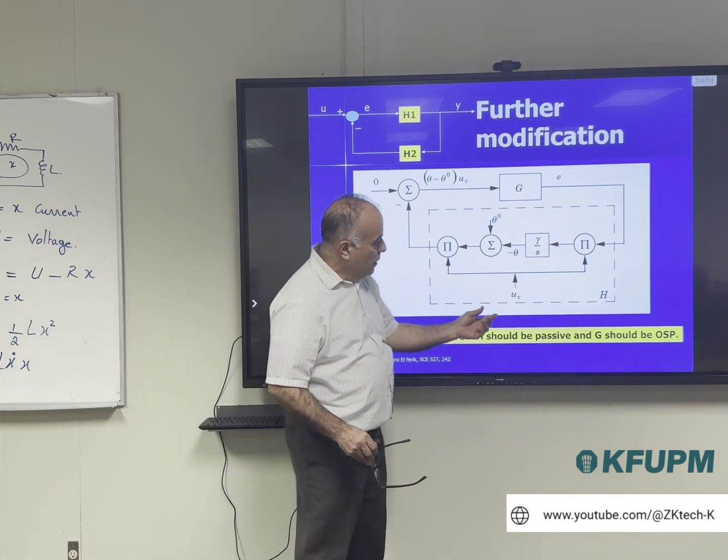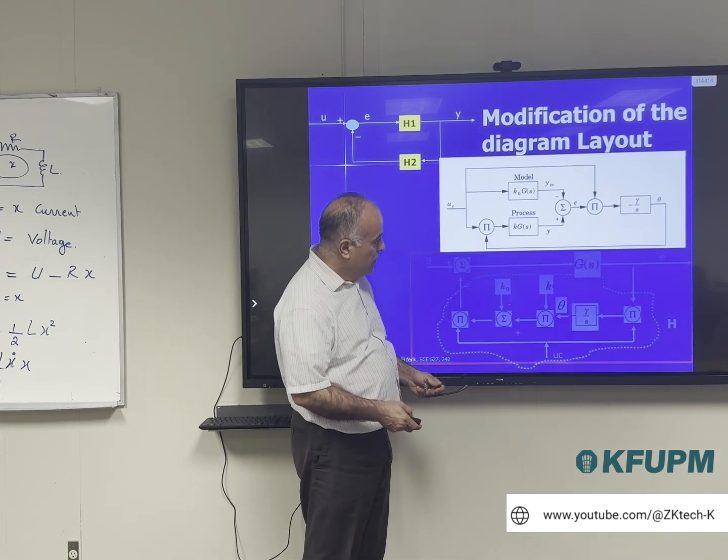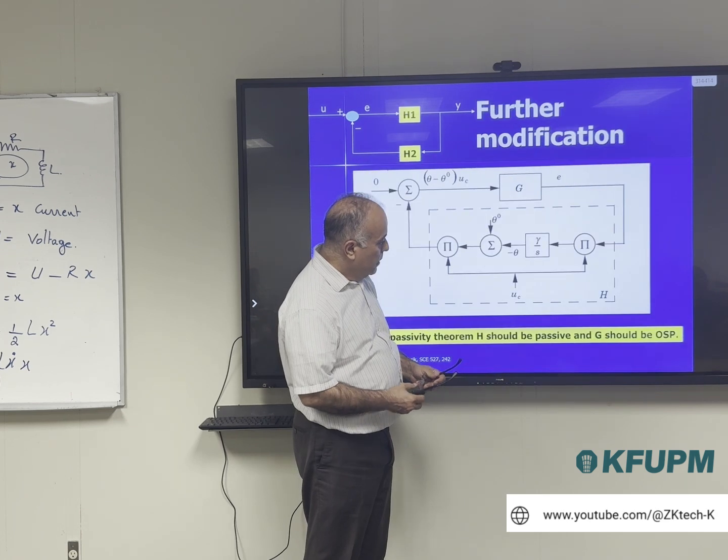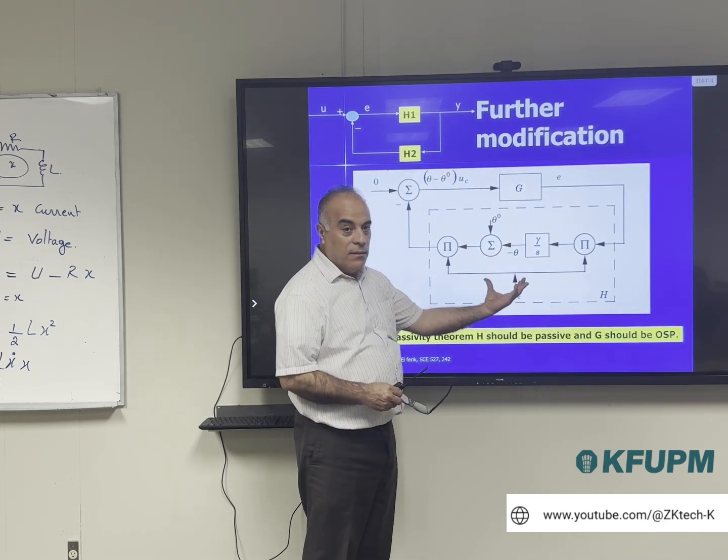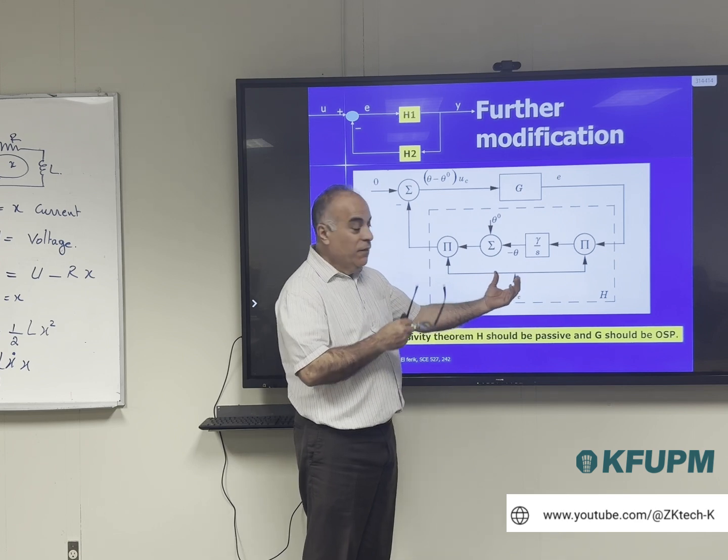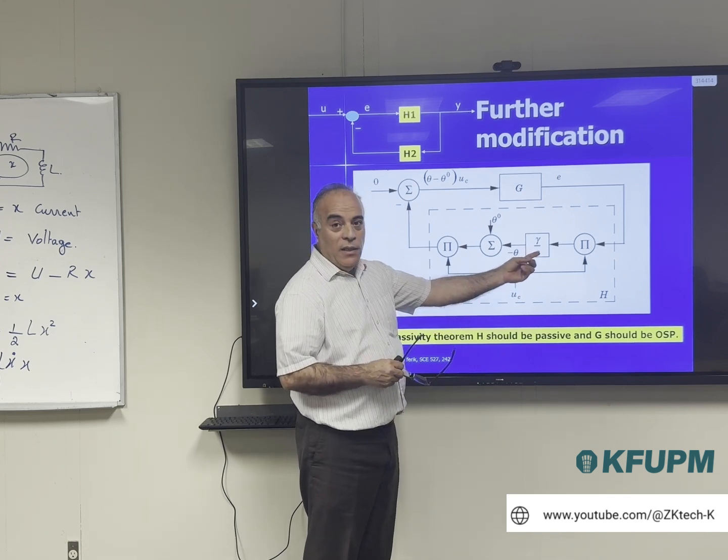So here it means what? It means that I showed that this block, which is H2, is passive based on this theorem, if G1 is positive real.